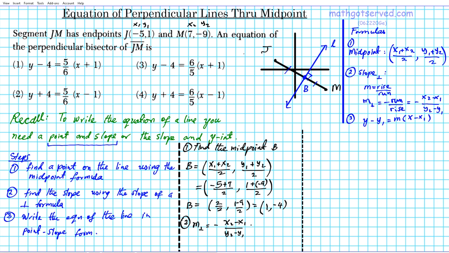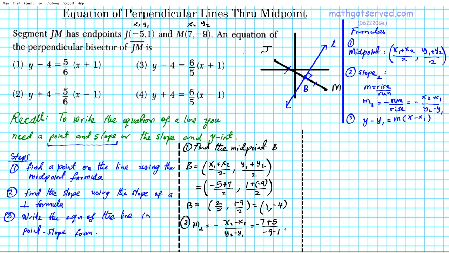So that's going to be x2 minus x1: 7 minus negative 5. So minus negative 5 is going to be plus 5. So negative of that over y2 minus y1. y2 is negative 9 minus y1.